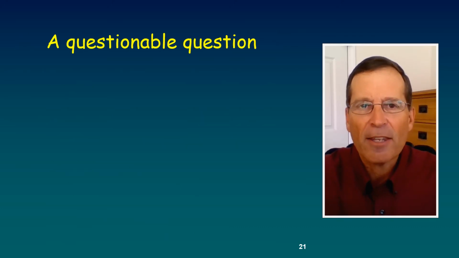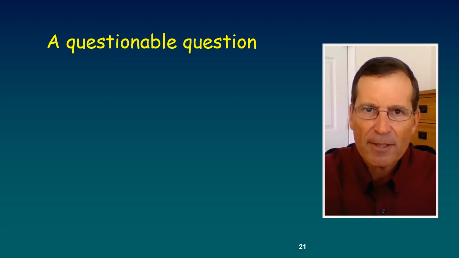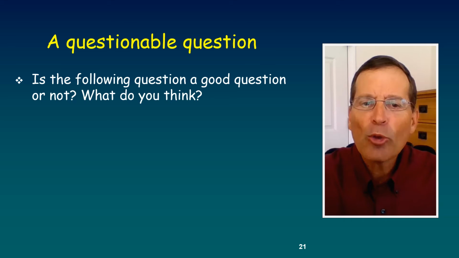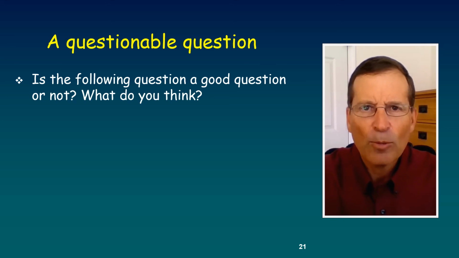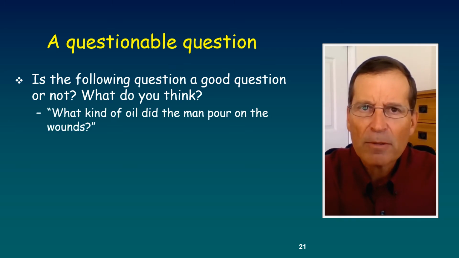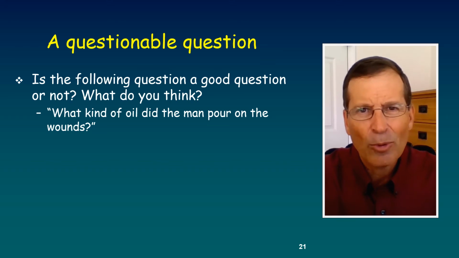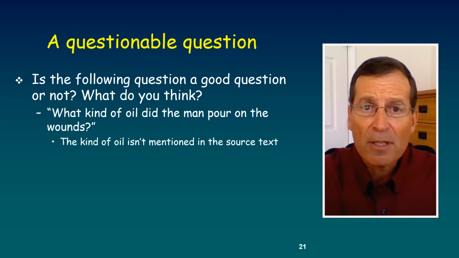On this slide and the next one, I have a couple of questionable questions. So is the following question a good question or not? What do you think? What kind of oil did the man pour on the wounds? Good question or not a good question? Well, the kind of oil is not mentioned in the source text.